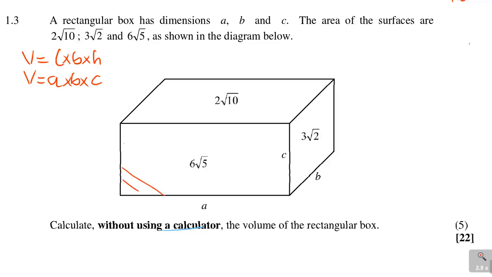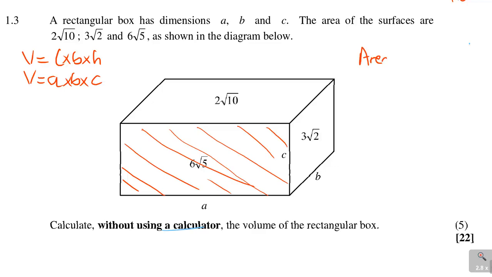Now let's focus on this shaded part for now that I'm shading. If I'm looking at this, what is the area of this shaded part? The area of that rectangle is equal to A times C, right? And they told me the area, which means AC is equal to 6 root 5, because they told me here that the areas are given.